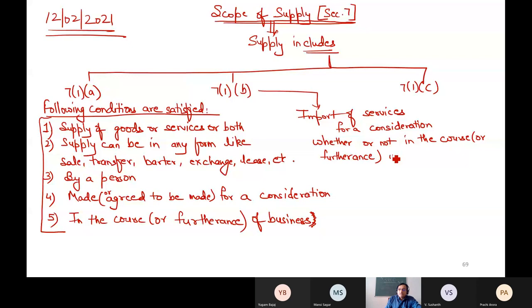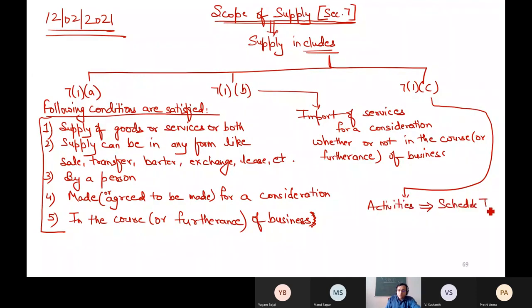Business is not necessary. And if you remember 7(1)(c), what is covered in it? Can you tell me if you remember? Those activities which are mentioned in Schedule I of the CGST Act, even if made without consideration.